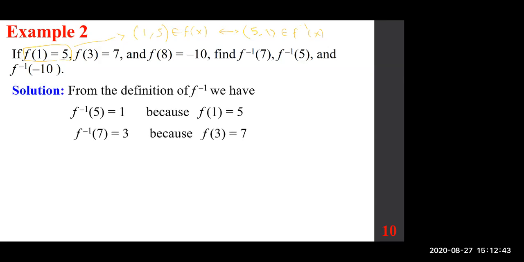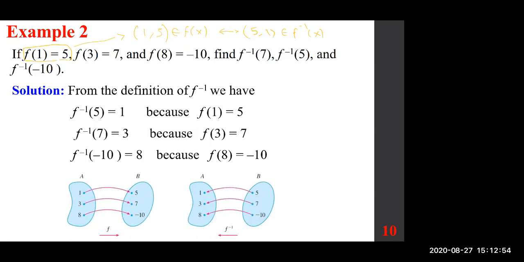f inverse of 5 is 1, because f of 1 is 5. f inverse of 7 is 3, okay? And f inverse of negative 10 is 8, because f of 8 is negative 10. And f inverse maps it back. It's very simple, okay? So take a look at what I wrote at the top and make sure you're very comfortable with what I have at the top.